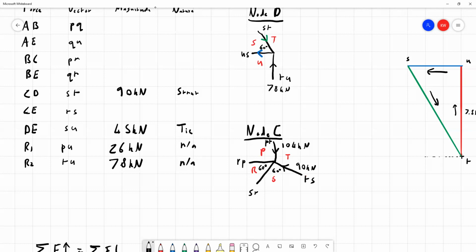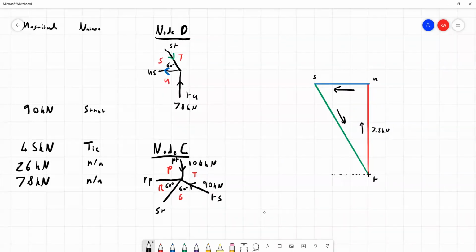And from this, we can build up a picture of where all of our vectors are going to fit onto the diagram. So let's have a look. Going back to our scale diagram, I'm going to remove these arrows.